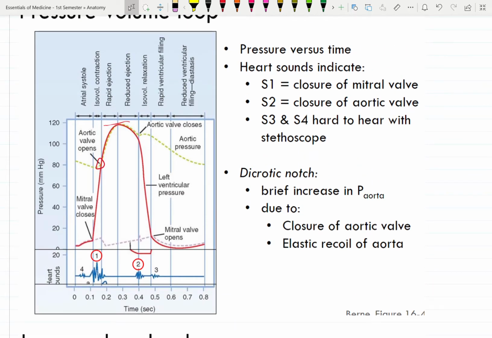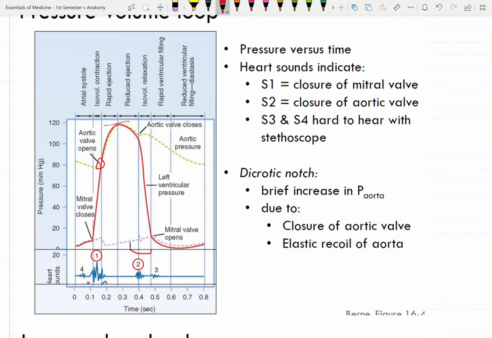All right, so that's that. We can also discuss the heart sounds that can be observed in here. There are two heart sounds normally, the S1 and the S2. S1 represents the mitral valve closing, and we looked at that, it will occur right before the ventricle contraction.